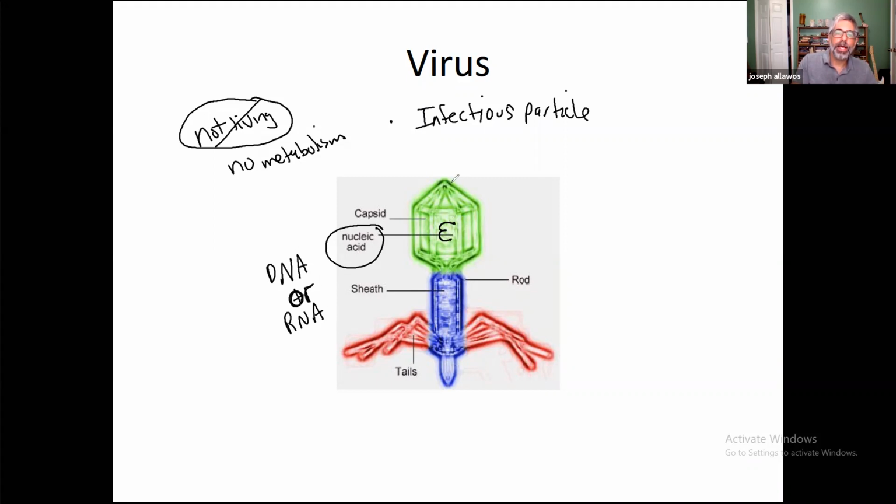And then the other thing that it has is a protein coat. These little tails are often how it can attach to its host cell. But for our purposes, think of it like a little fragment of genetic material surrounded by a bunch of proteins.